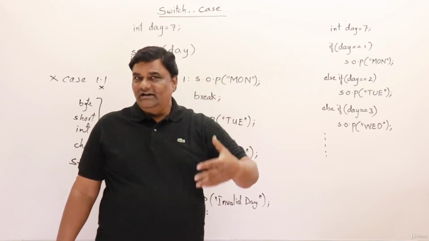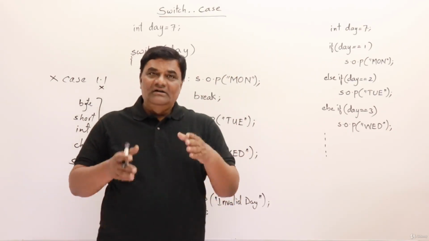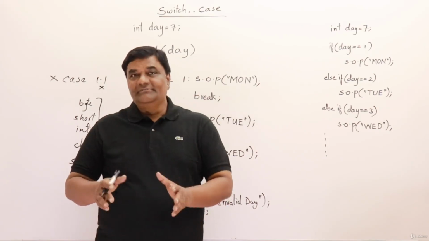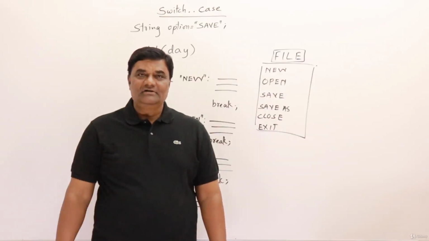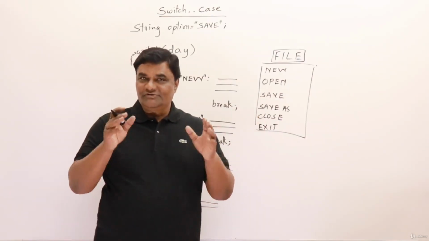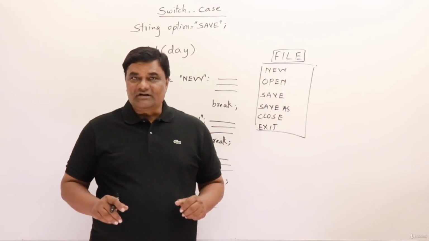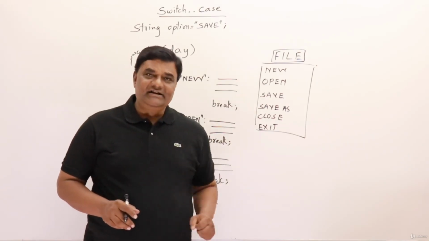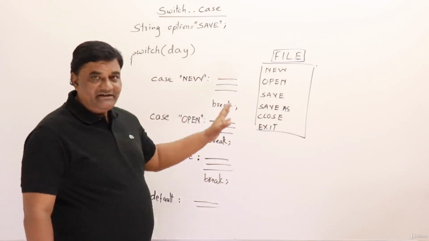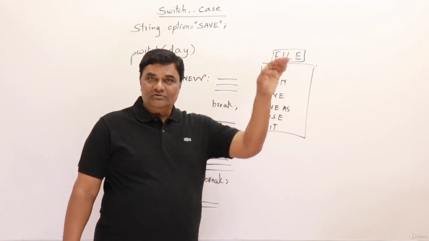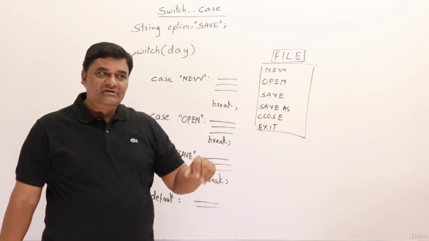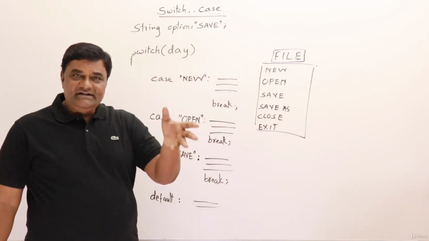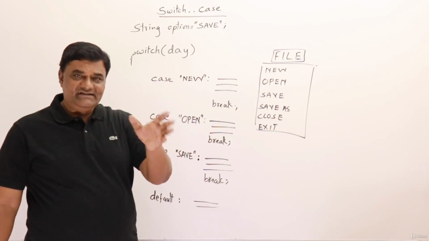Just I will show you, I give you the idea how switch cases are useful for writing menu driven programs. Here I have an example to show you menu driven programs, how they are written, just to give you the idea. See, in most of the application on Windows, we find menu on the top for every application, like file, edit, tools, settings like this.